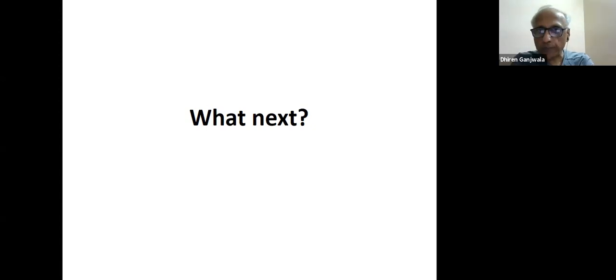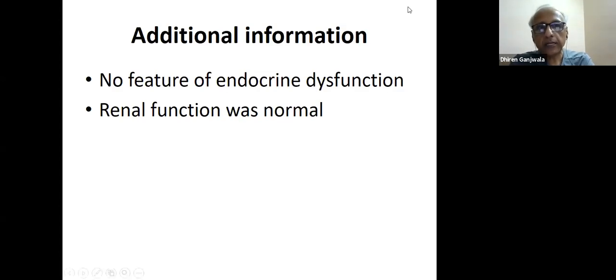Right. So before you jump to the treatment, we need to screen the patient. Yes. Next slide, please. So we need two types of information. First of all, we have to clinically examine the patient for endocrine disorders, and then we need to go for laboratory investigation for endocrine dysfunction.